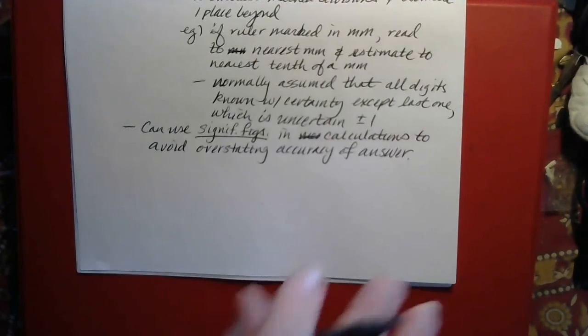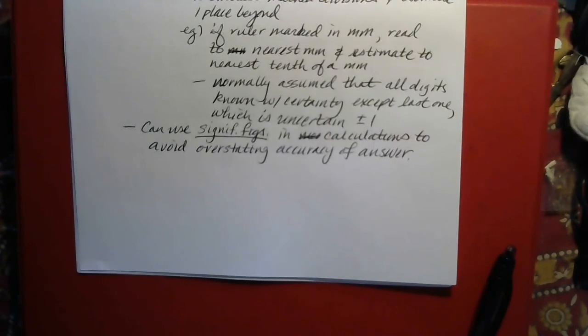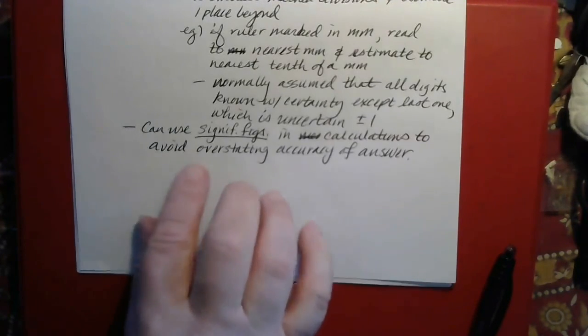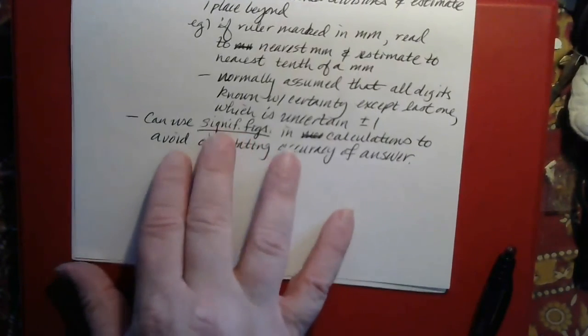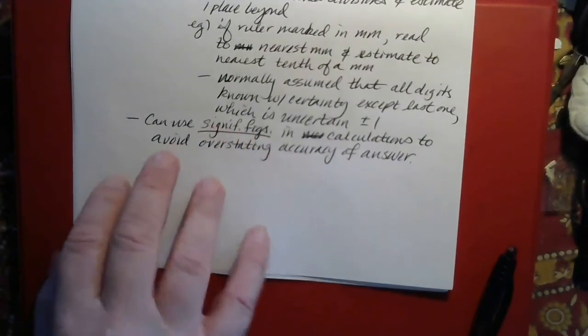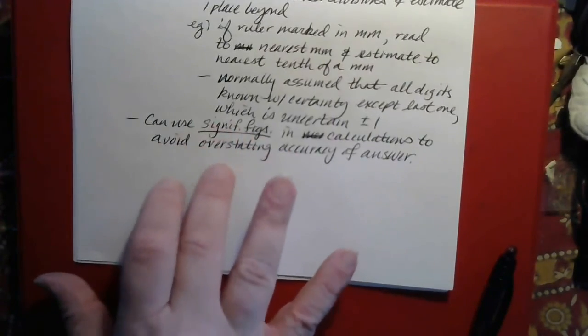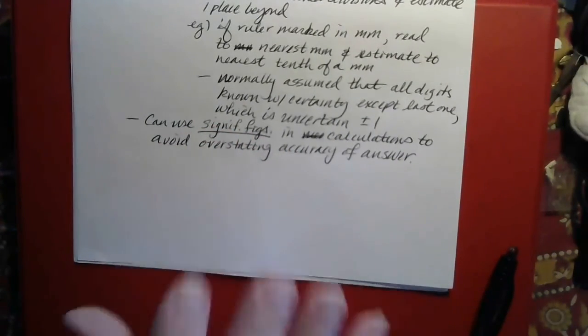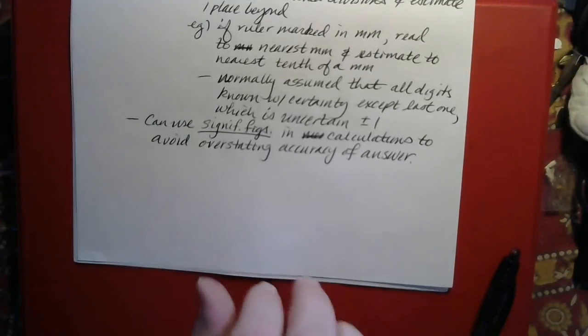The problem is your calculator doesn't know anything about significant figures, and your calculator will often spit out numbers with a huge number of digits in them, even though there's no way you could possibly know the number with that much accuracy. So we have to be aware of the concept of significant figures and how to determine how many you're allowed to use in a calculation, mostly because your calculator is not aware of that.